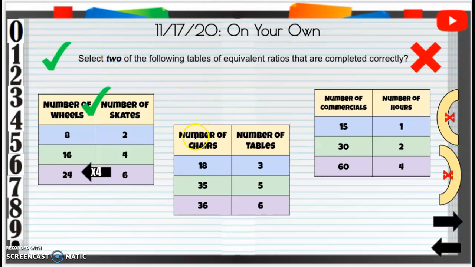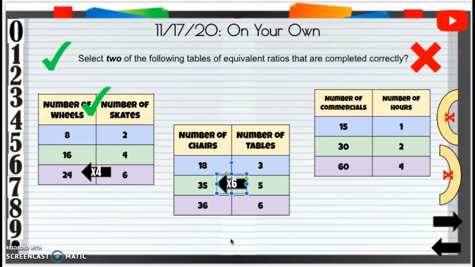All right, now number of chairs and number of tables. We've got 18 and we've got 3. I know I can use my arrows here as well because I know 3 times 6 is 18. So I should be able to multiply by 6 all the way down from the number of tables to the number of chairs. So is 5 times 6 35?